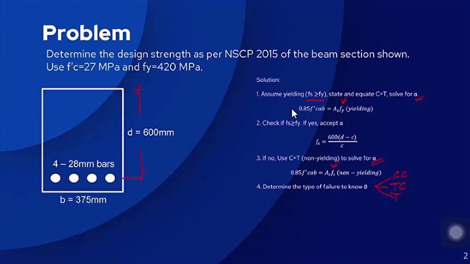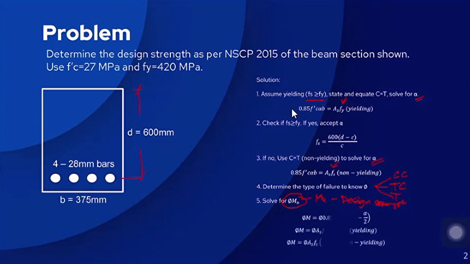Then after that, we can solve for the value of your Mn. So this Mn is actually your Mu or M sub U. So this can be used in the designing of your beam, which is your design strength. So we can use the following formulas.